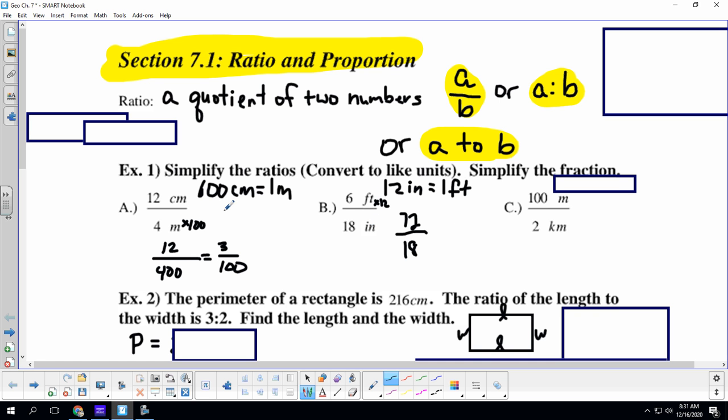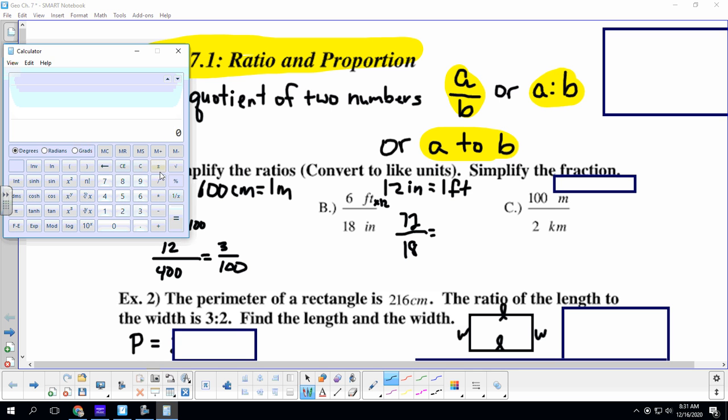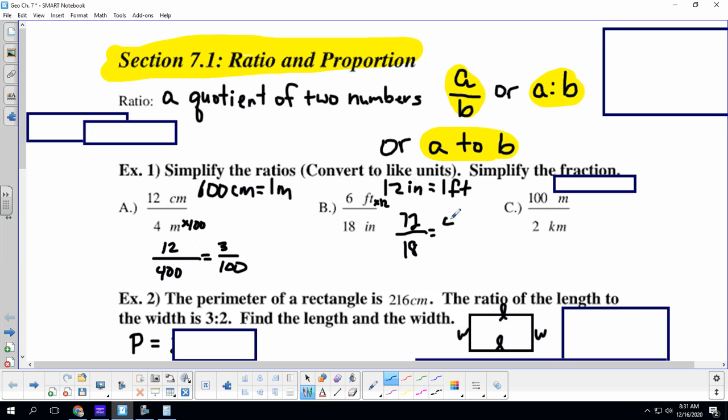So one of them has to get converted into the other's units, and I always find it's easier to take the bigger guy and multiply it. 72 divided by 18, well, 9 goes into both of those, and I believe 72 is divisible by 18. What? It is. So this is 4 to 1.